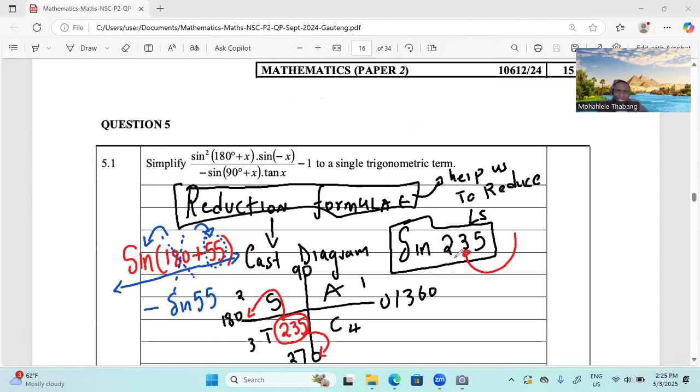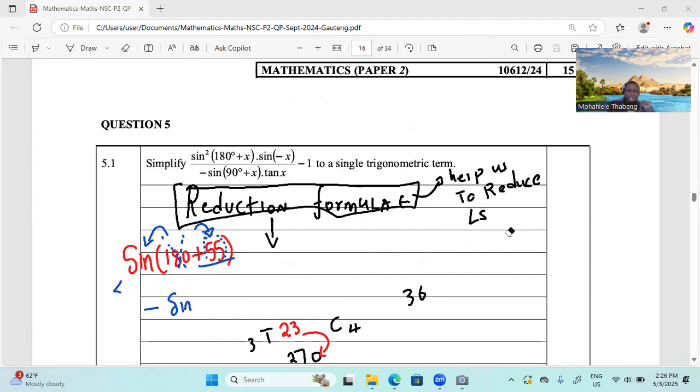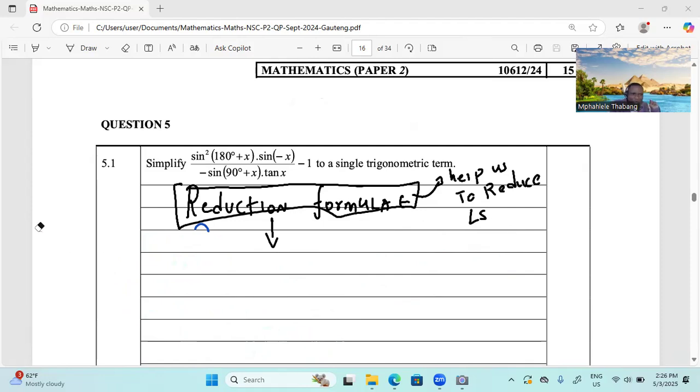So if the angle is not below 90 degrees, you can reduce it using reduction formula. This idea of reduction formula is very, very important, and it will work all the time.